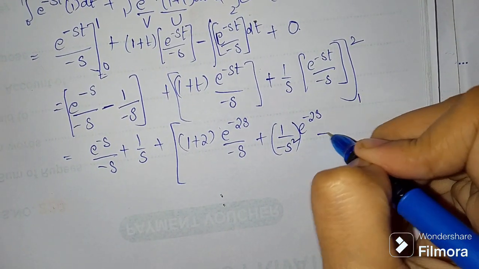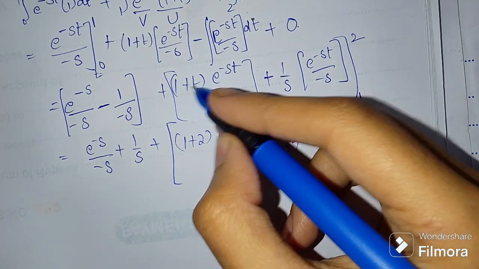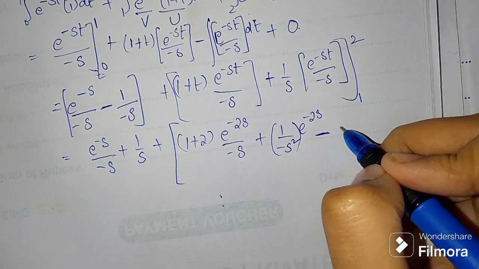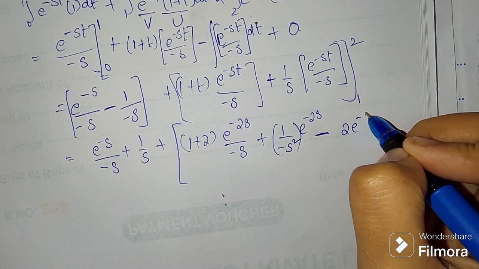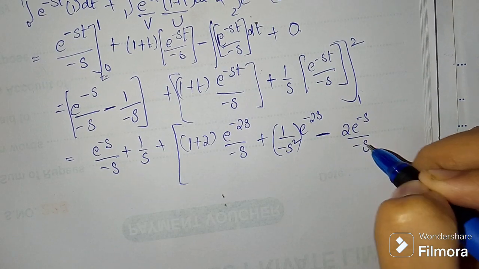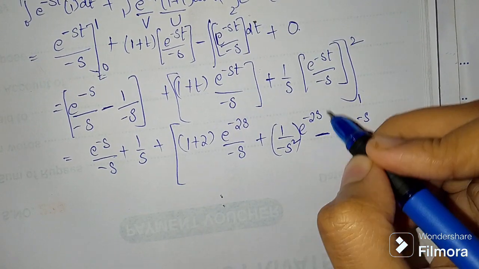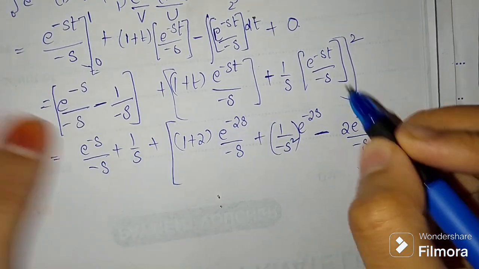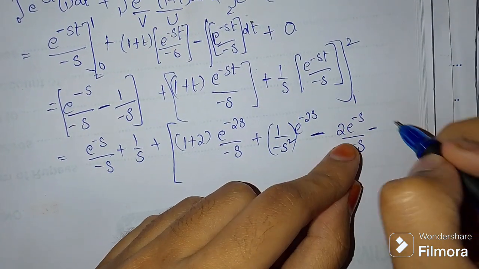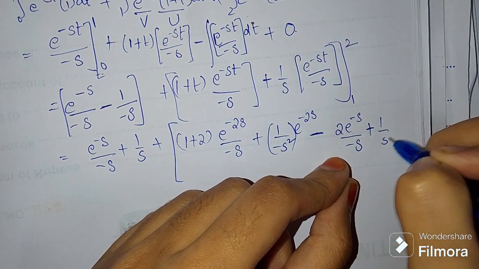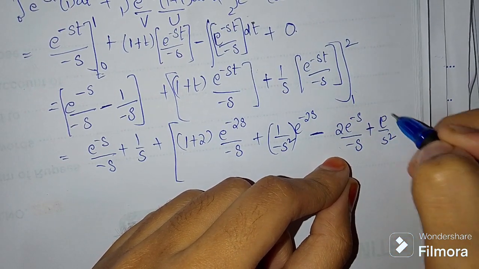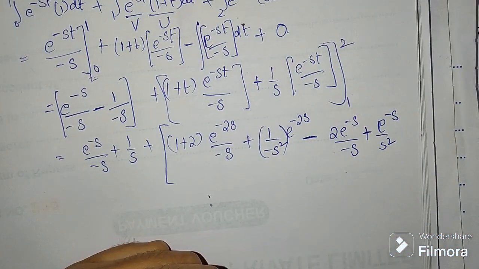Next you should apply this: minus of, you should put 1 plus 1, it will become 2, so 2 into e power minus s by minus s. Again this also minus, put 1 here, it will become plus 1 by s square into e power minus s.